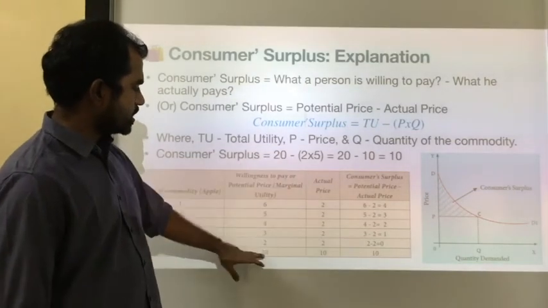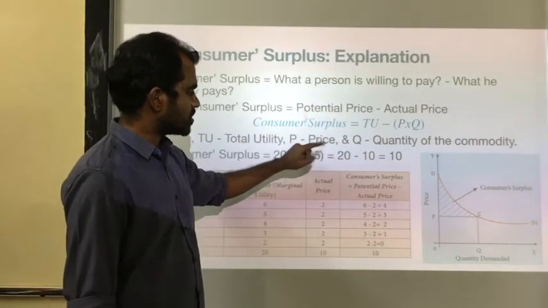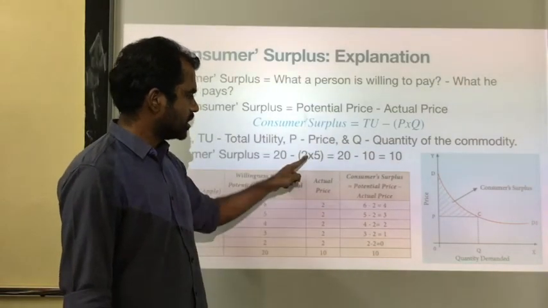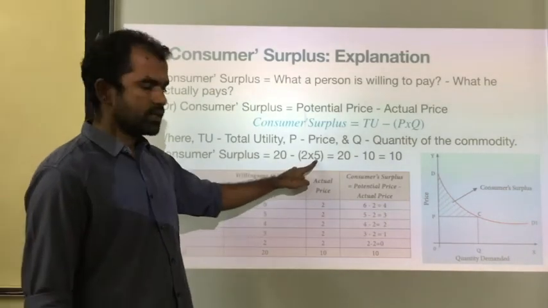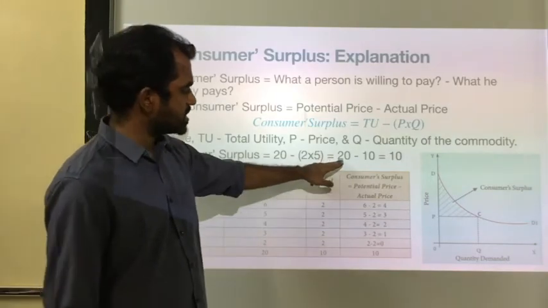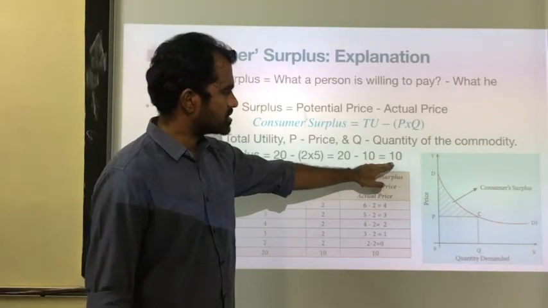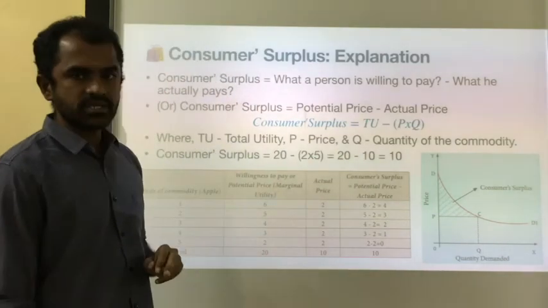So, the 20 here is the total utility. But the actual price of the commodity is 2 rupees and we consider 5 units of the commodity here. So, which is 2 into 5. In this case, 20 minus 10 is equal to 10. And this 10 is the consumer's surplus.